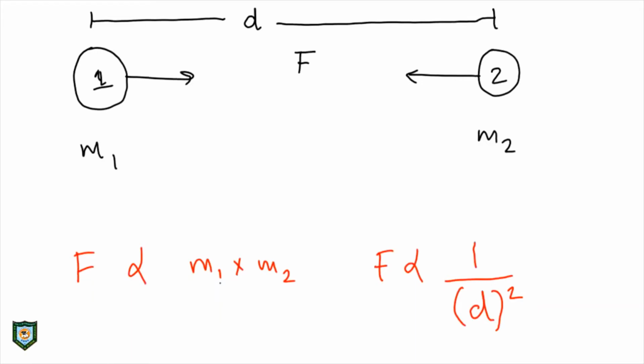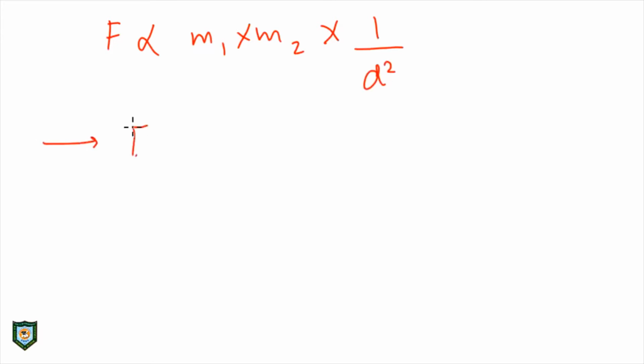When I combine these, I can say F is directly proportional to m1 into m2 into 1 divided by r, or rather d square in our case. So F is directly proportional to m1 into m2 divided by d square.